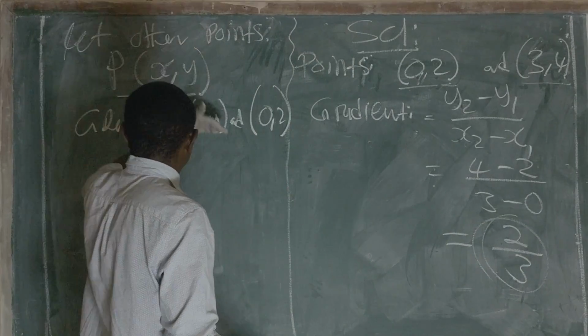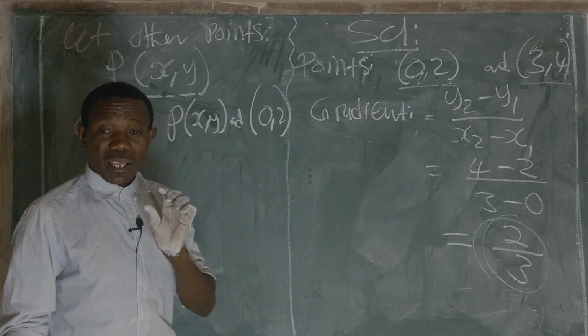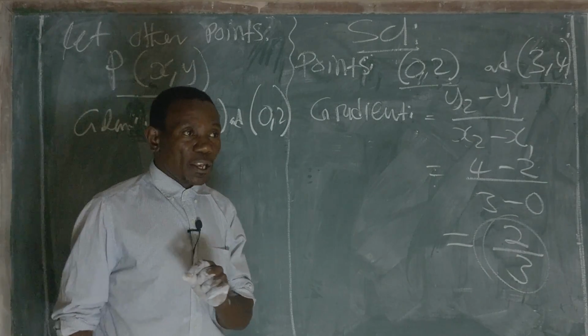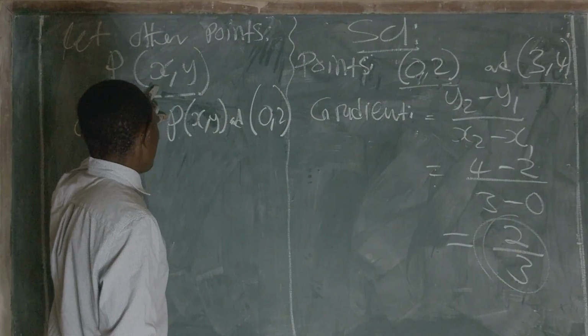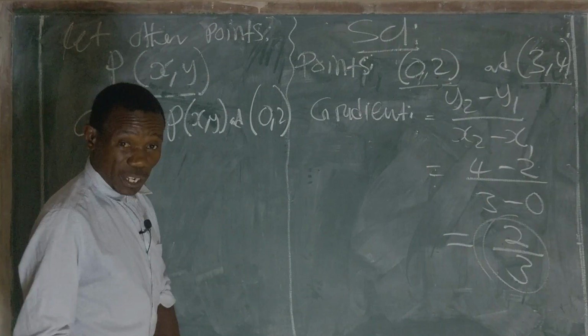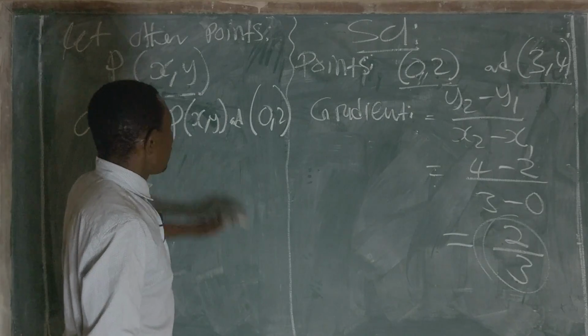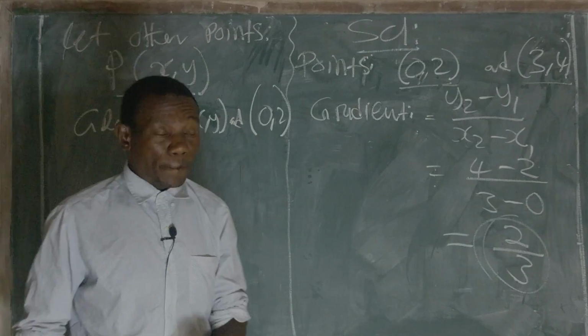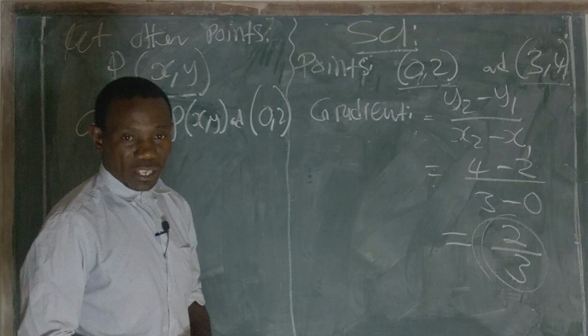Secondly, introduce another point. This is just like a general point. Since it's general, just have the coordinates defined by x and y, because it can be any one of those points. Use this point and any other point from the given 2 points to work out the gradient once again.